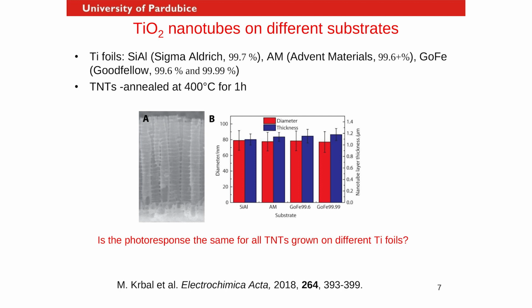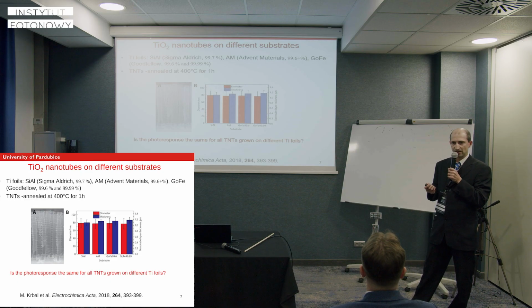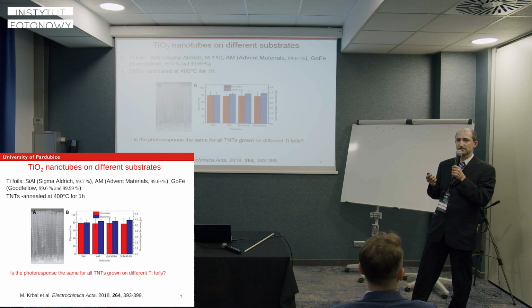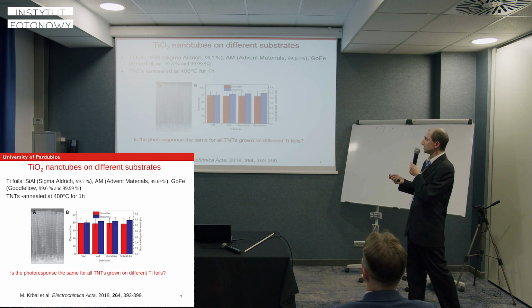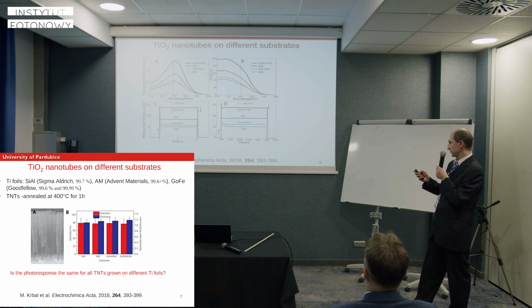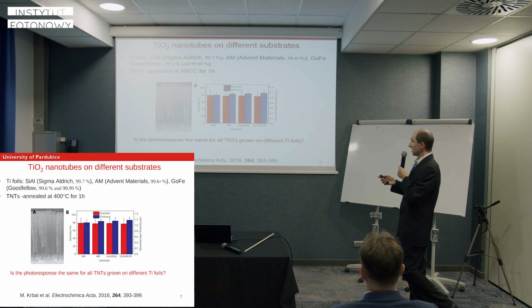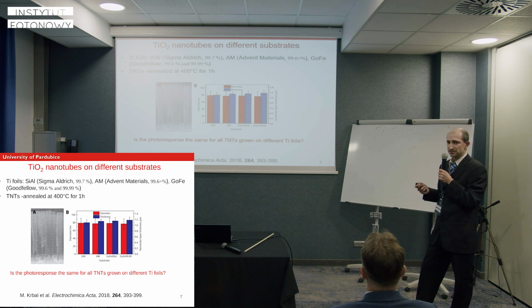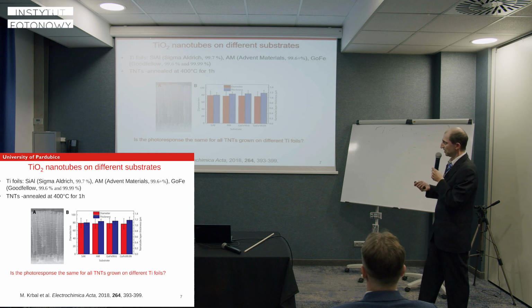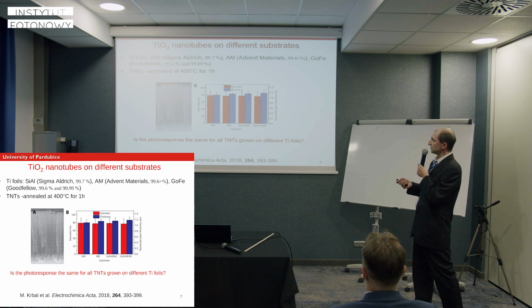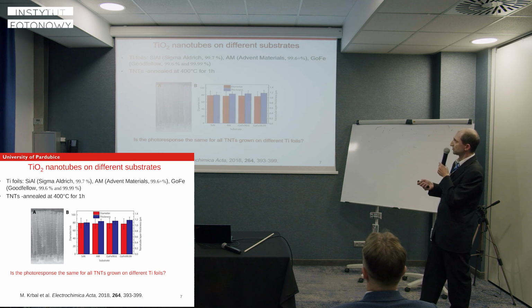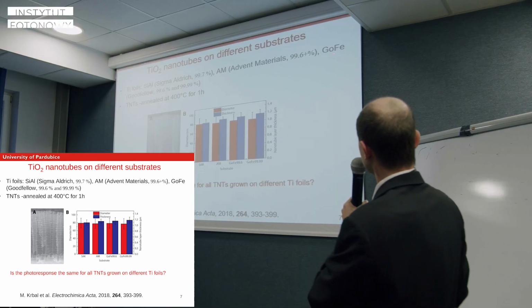Well, there was always debate whether, if we apply the same growth conditions on titanium foils purchased from different producers, the properties and morphology are the same or not, because there are always slightly different composition, purity, and surface roughness. So we bought foils from Sigma Aldrich, Advanced Materials, and Goodfellow.